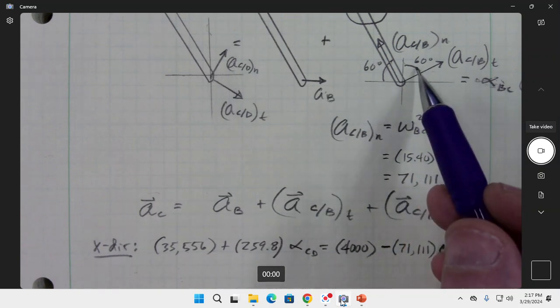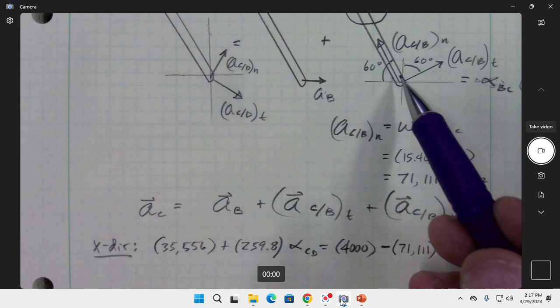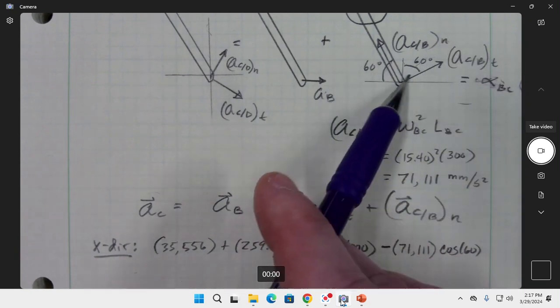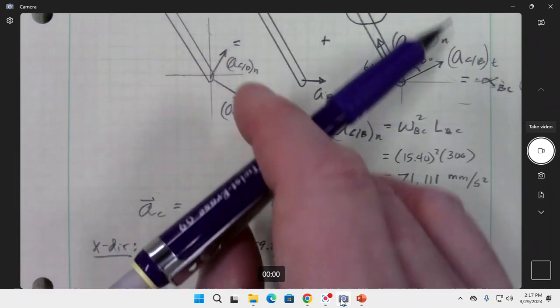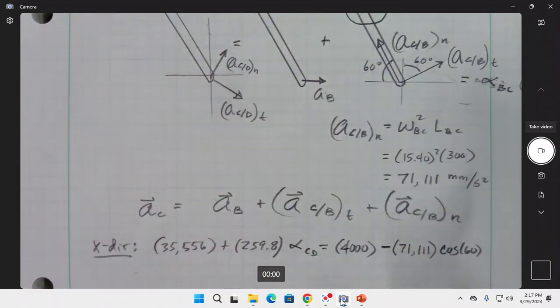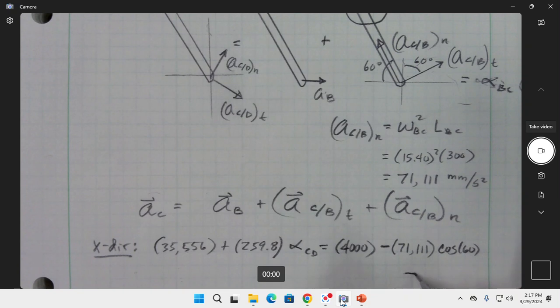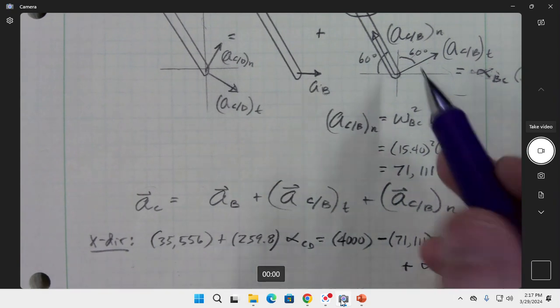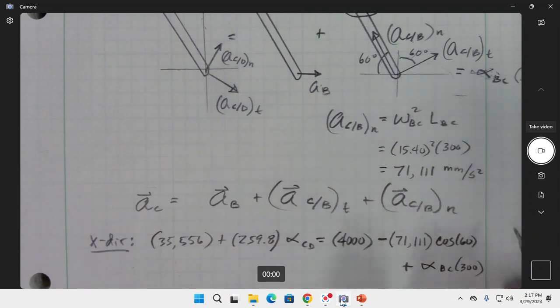That was negative because it's going to the left. This one we assumed was going counterclockwise, so it will have a positive x value. I ran out of room, so I'm going to put this down here: alpha BC times 300, remembering to use the angle, and it's going to be the sine of 60.